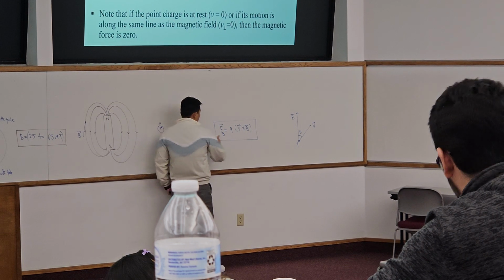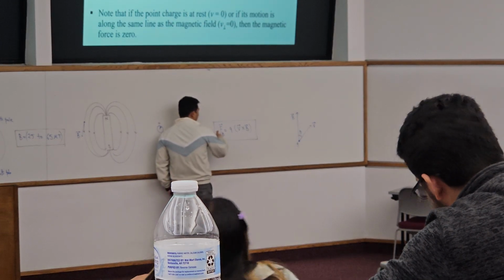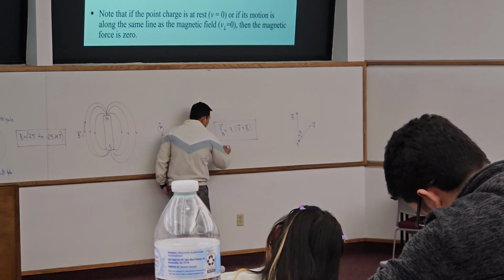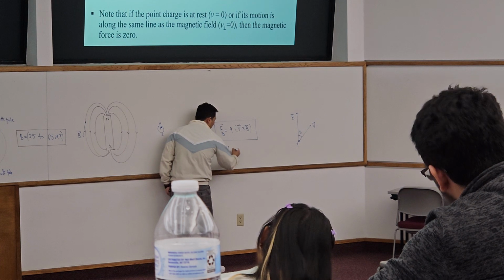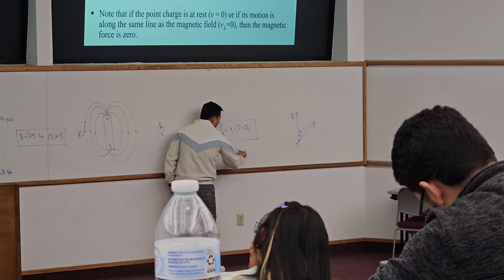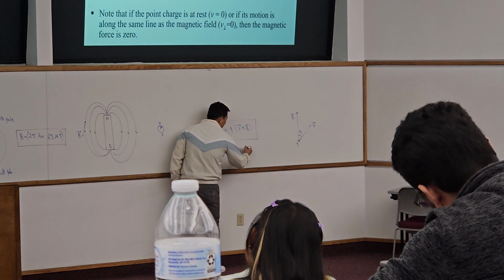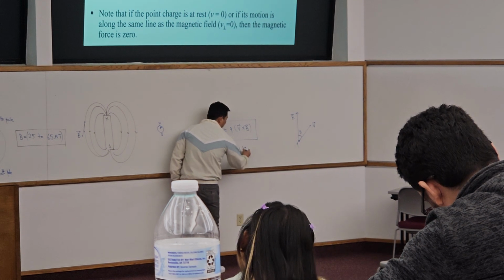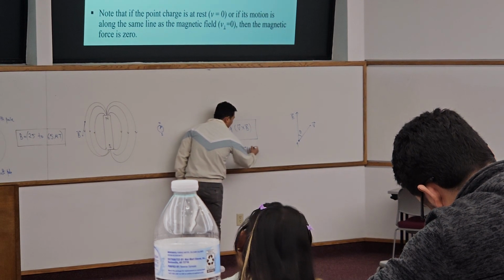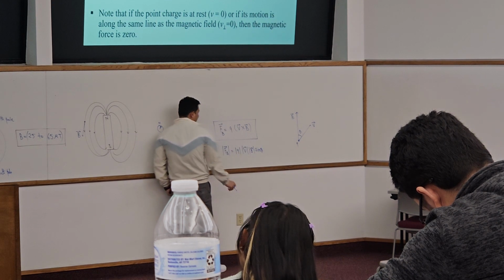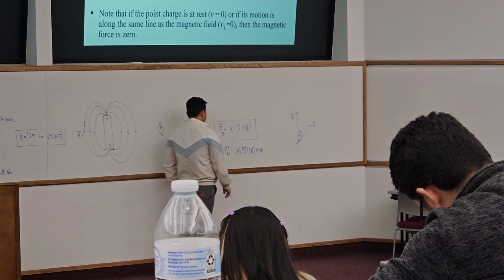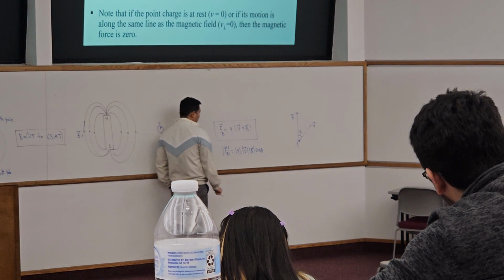And this is the vector form. For the force vector, I can find the magnitude by putting F_B equal to q v B sine theta. Okay, because you have a cross product, this is the magnitude of the force.